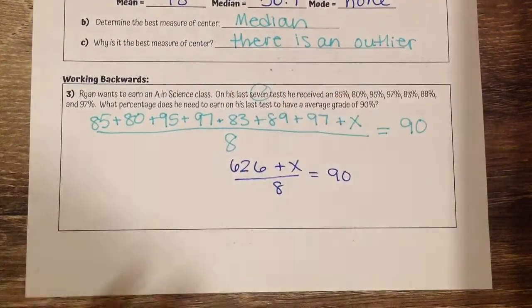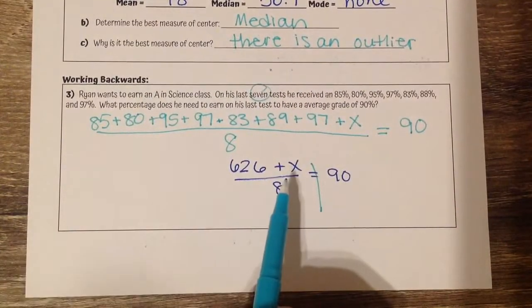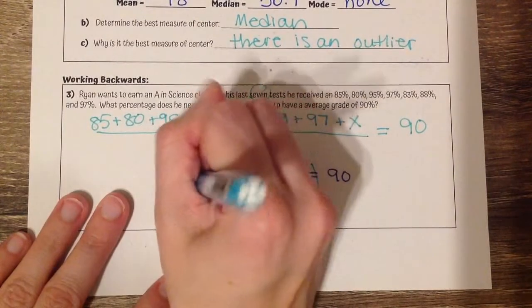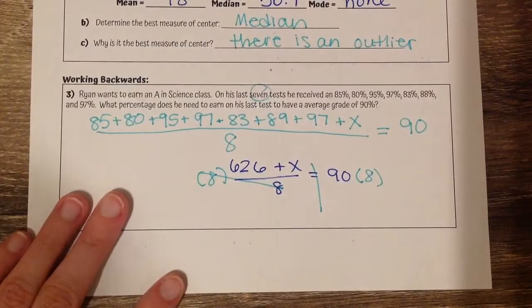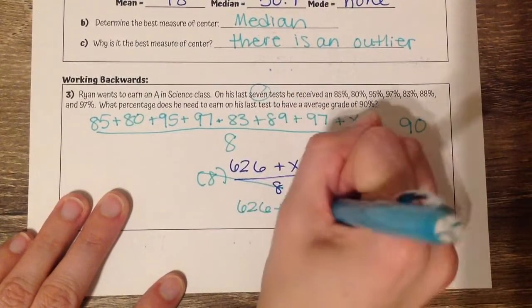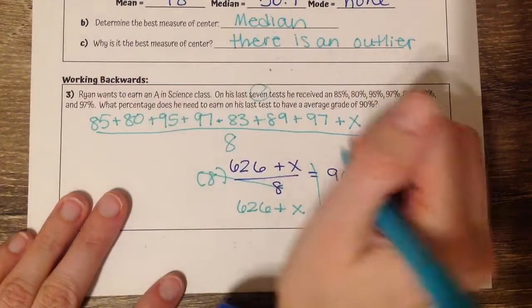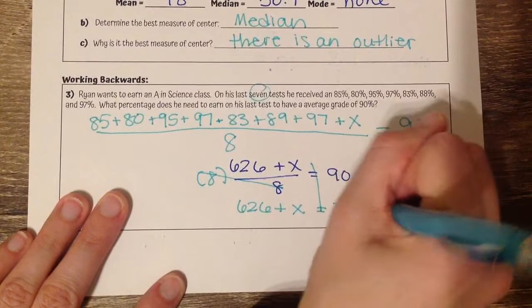We want to equal a value of 90. So working backwards in this, if this value on the side with the variable is being divided by 8, the opposite would be to multiply each side by 8. So we get 626 plus x equals 90 times 8 is 720.